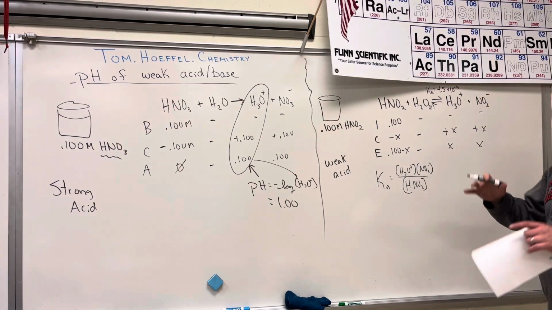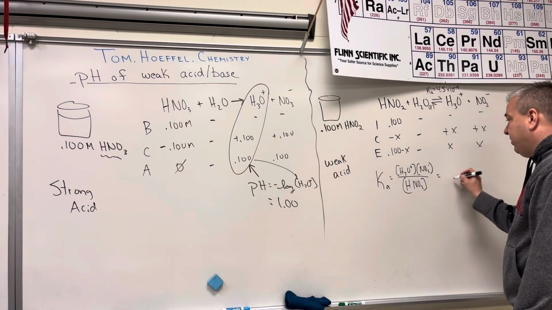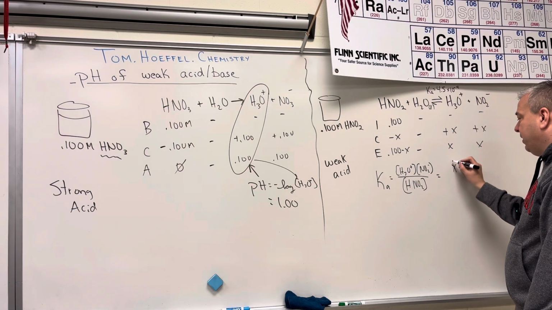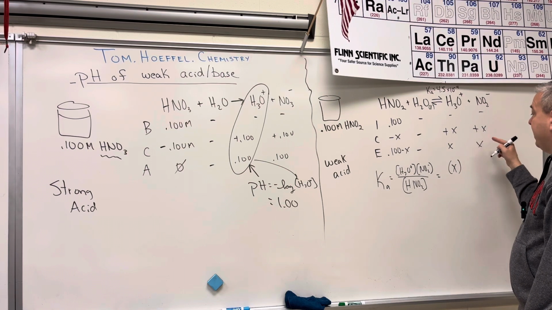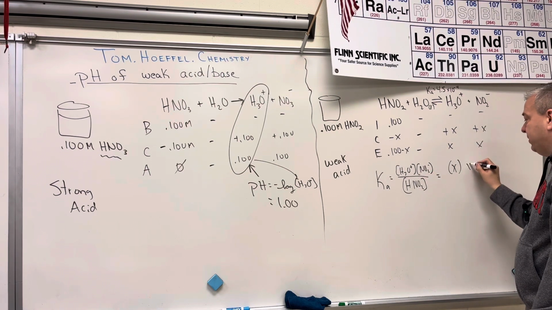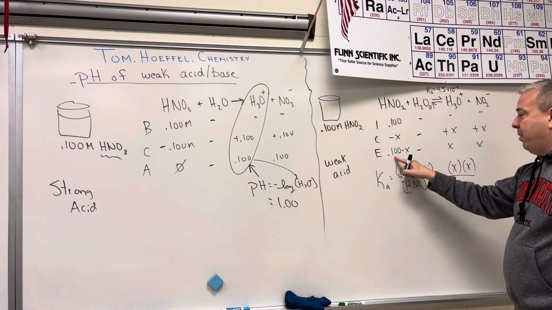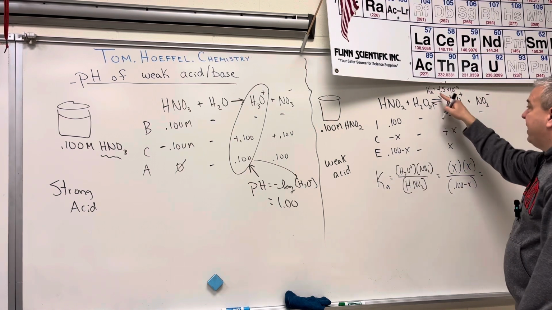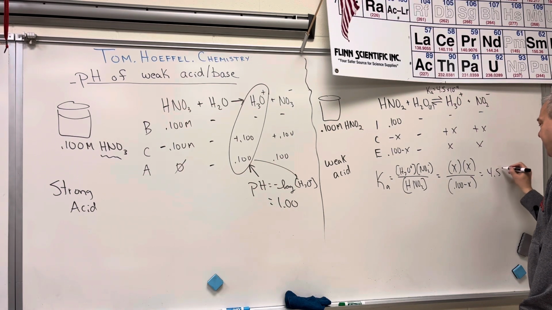Now, typically, I would plug in x for the H3O plus, and then x for the NO2, and then 0.100 minus x, and all of that is equal to 4.5 times 10 to the negative 4.